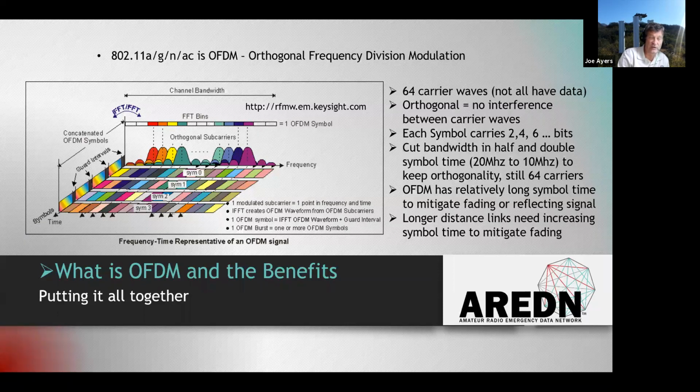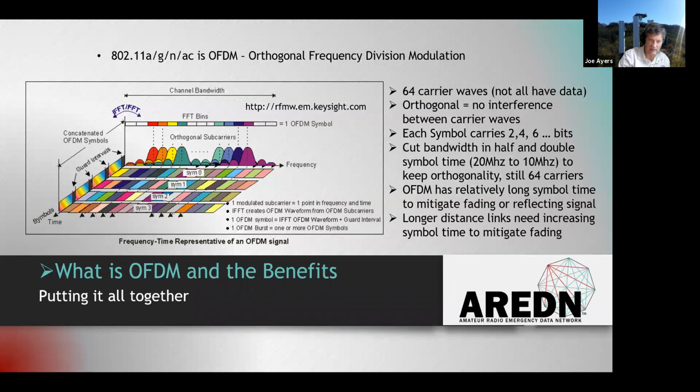And so when we go to 10 megahertz, we went from a maximum data throughput of around 144 bits per second to 72 or so bits per second, because now we're taking up twice the time to transmit the symbols. And then 5 megahertz does that again. It doubles that. But also, if you think about it, when we double the symbol timing, our guard gap is twice as long. It's no longer 800 nanoseconds, it's now 1600. We have more room for reflections and fading.